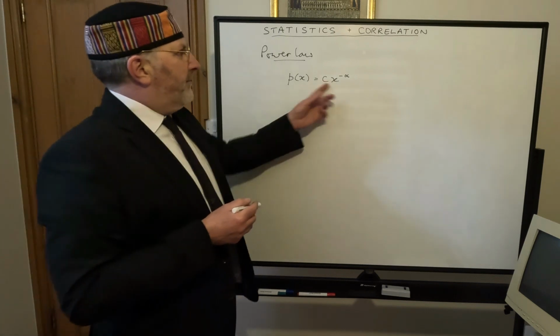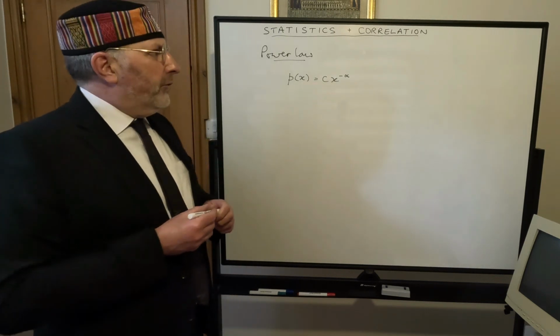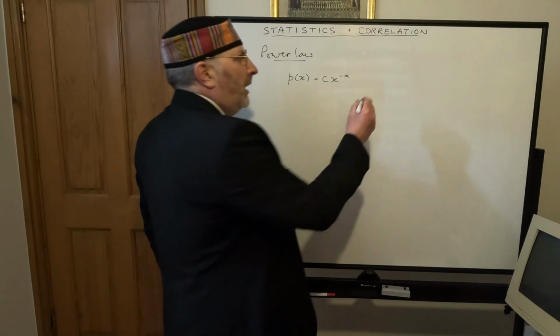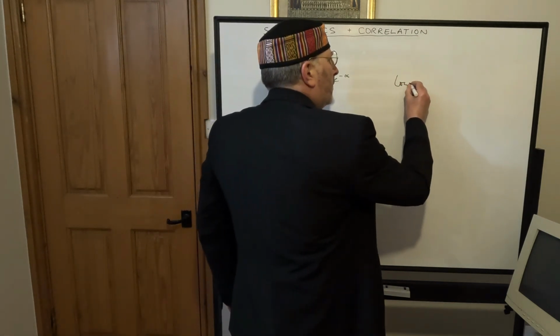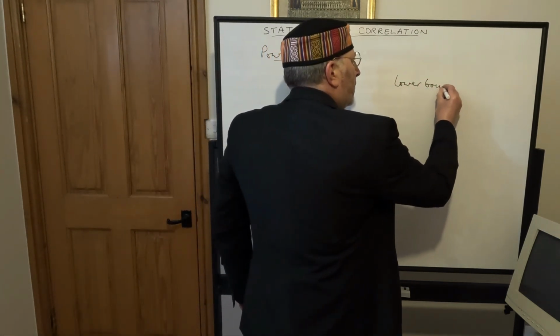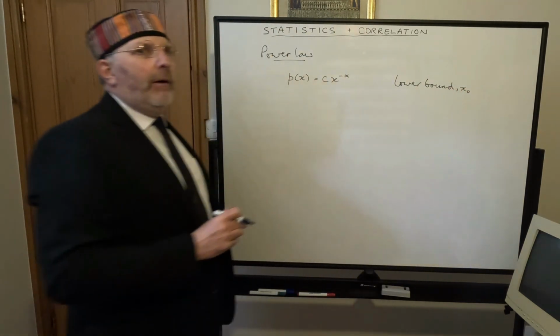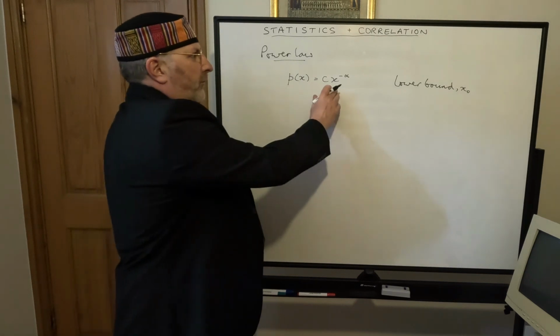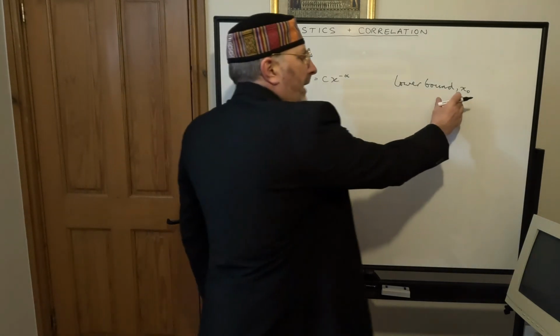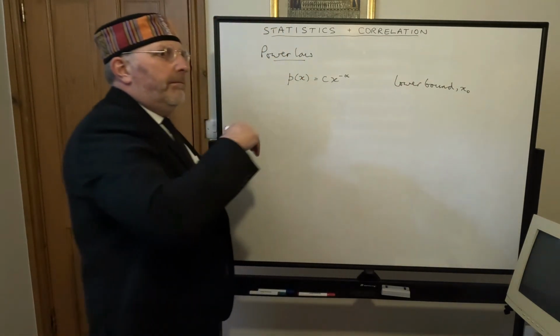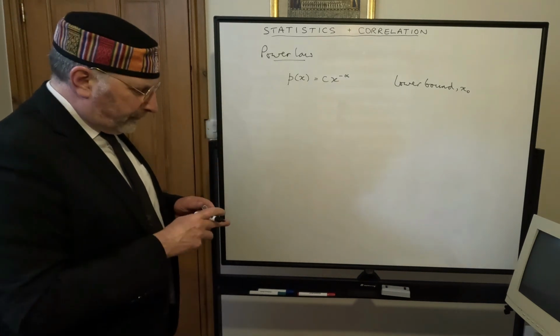So we can't have values of x equal to 0, so there must be some lower bound, x0, for a power law. It can't get down to 0, but it goes down to some lower minimum value, x0.